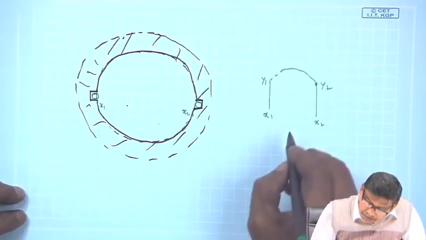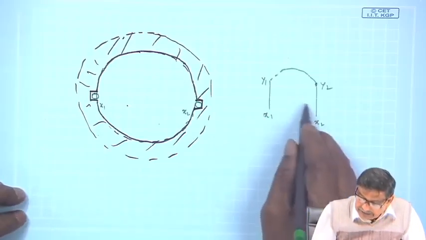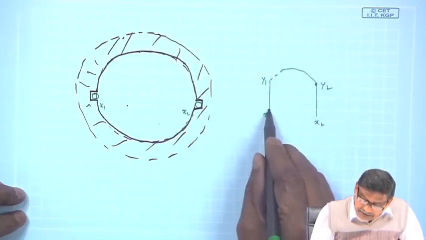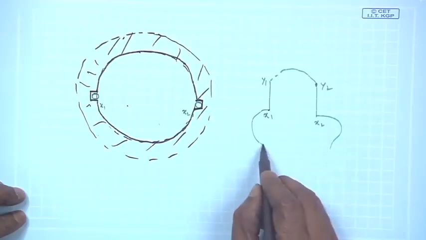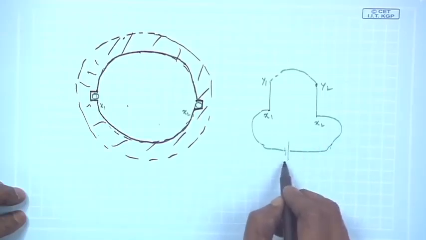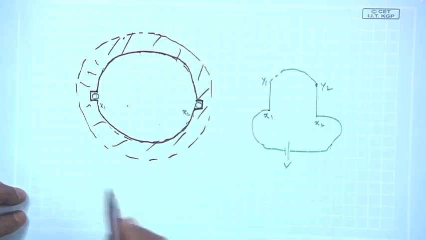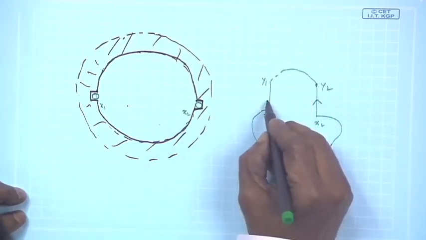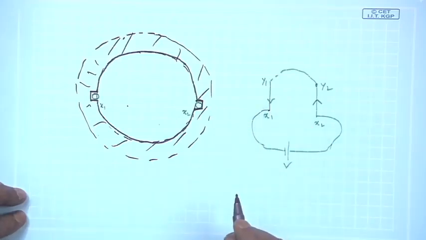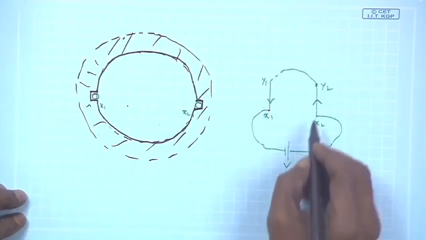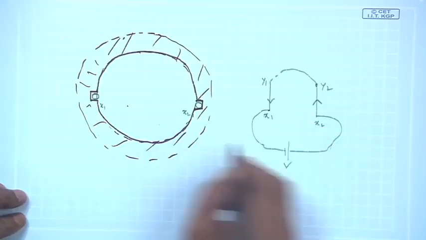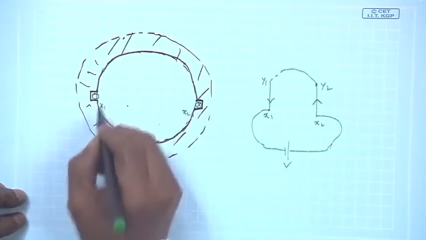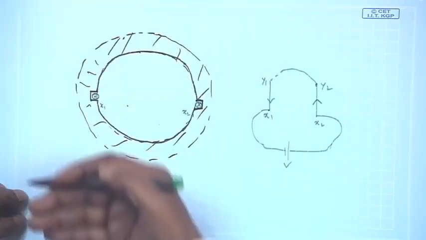Now, suppose you excite this coil by a battery, connect a battery across x1, x2, some DC voltage suppose. Therefore, current will flow like this, and if this current flows, then in this diagram I must show it in this way, cross and dot in this sectional diagram.